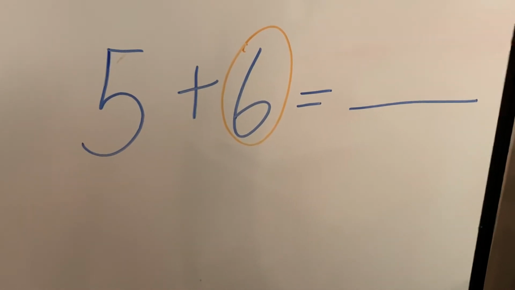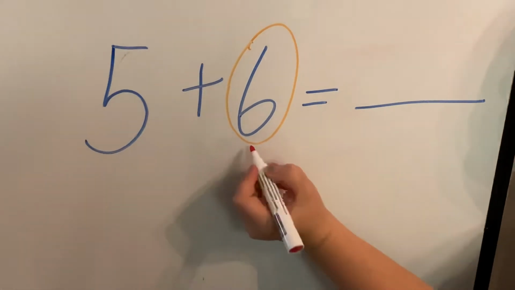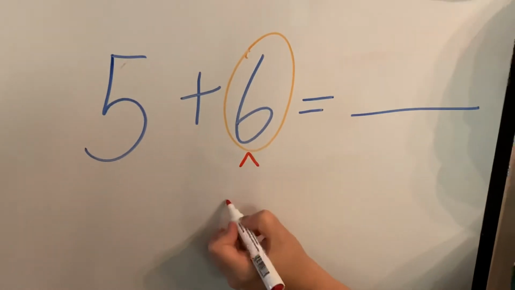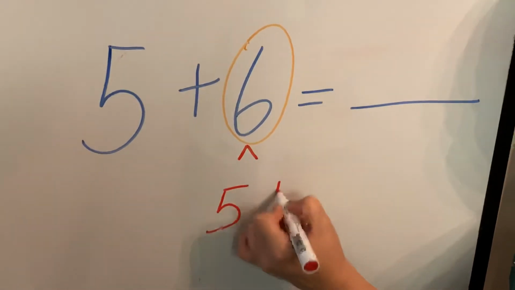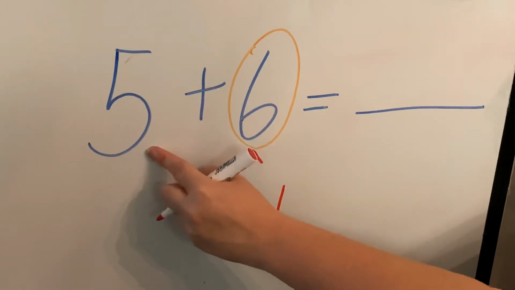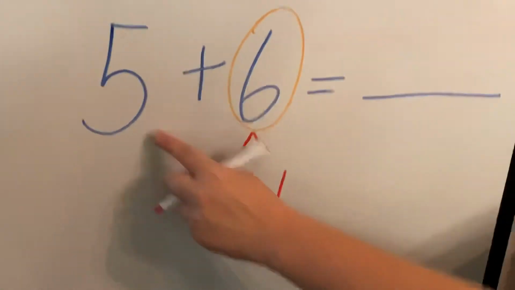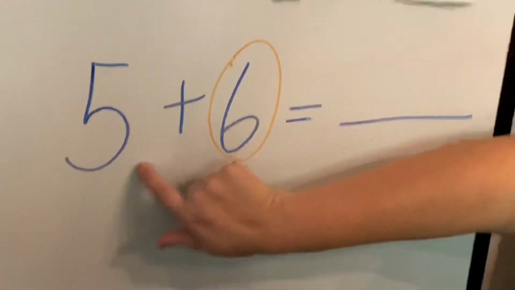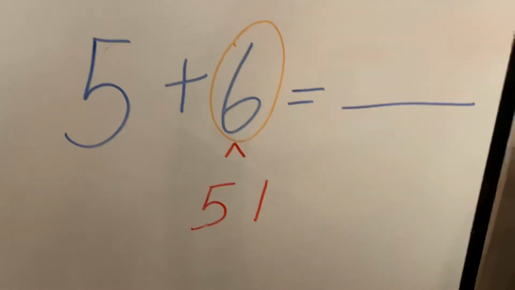Very good. And I can break my 6 apart into a 5 plus 1. And I want a 5 because a 5 is the number I already have in my equation. I'm not just picking the numbers because that's what I want to pick. I'm picking it because it's what's already in my equation.